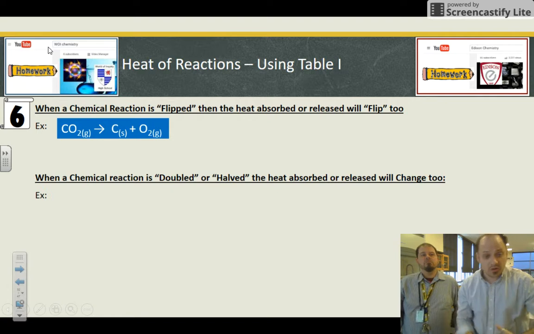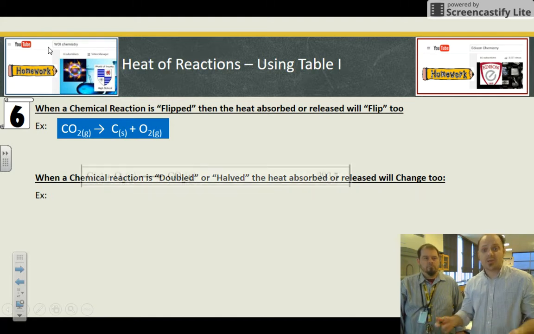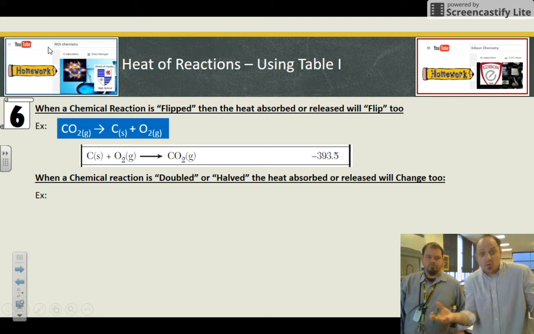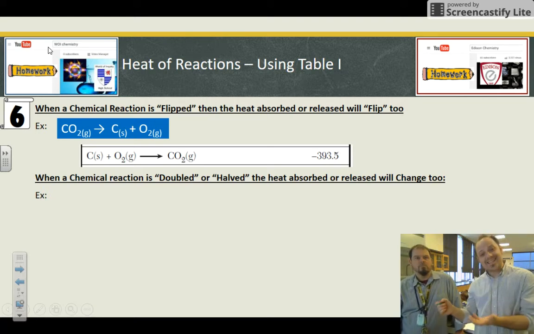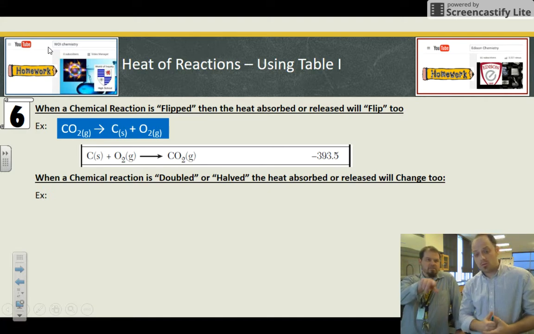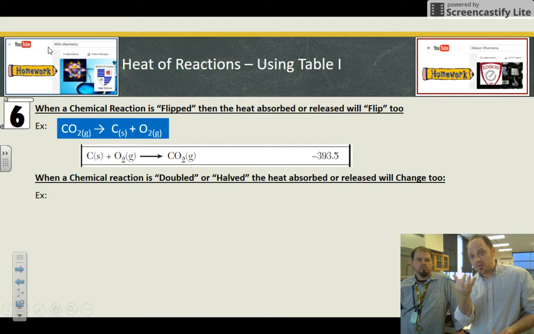Okay, so for an example, here's a chemical reaction. It says that carbon dioxide gas decomposes into carbon solid and oxygen gas. The table has this equation listed just as you see it, and it says the delta H value is negative 393.5 kilojoules per mole. But look at the difference between the two. It's the same reaction, but it's been flipped.